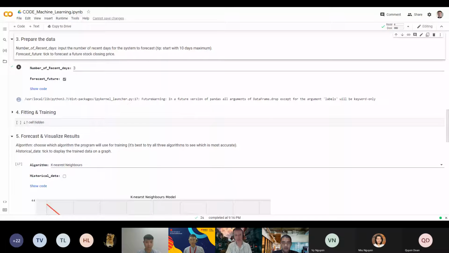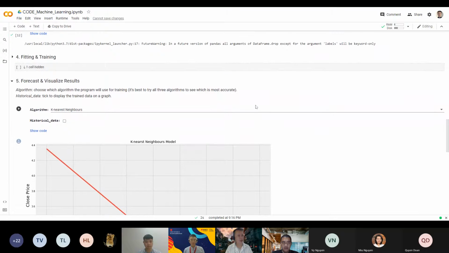So I'm going to stick with 3 because that generally works with me. If you want to go up to anything up to 10, the higher the number, the less accurate it's probably going to be. 1 will be hopefully moderately accurate. And there's a little box there called forecast future that should be ticked. All right. Okay, I hope you're with me so far.